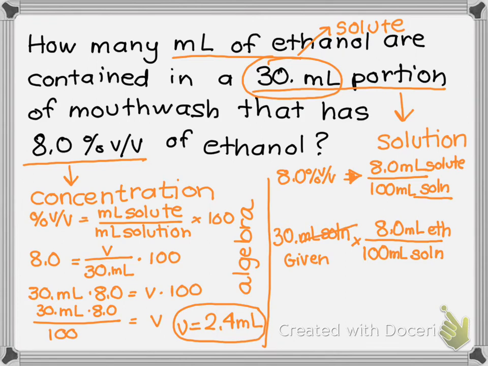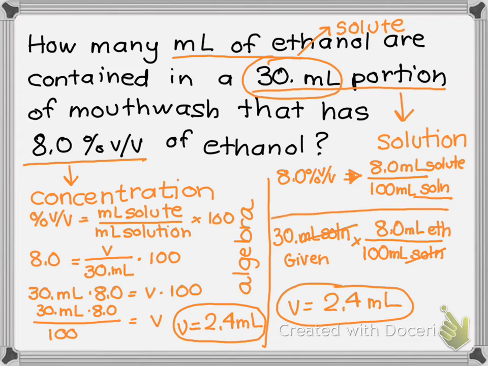The milliliters of solution cancel. And I get 30 times 8 divided by 100. So then this answer also equals 2.4 milliliters. Mathematically, it's the same thing. It just only really takes, in this example, one step right here. So that's why I like it.